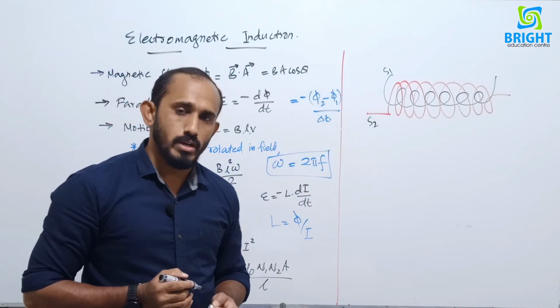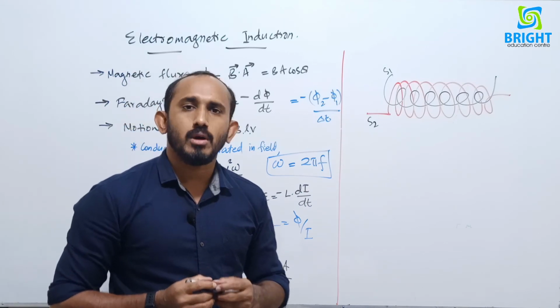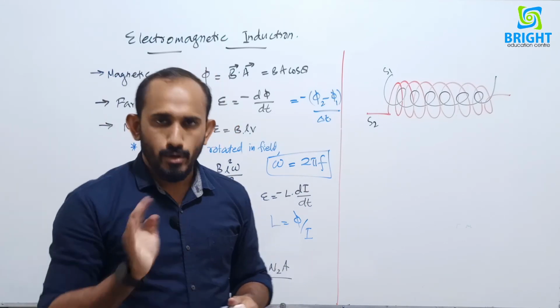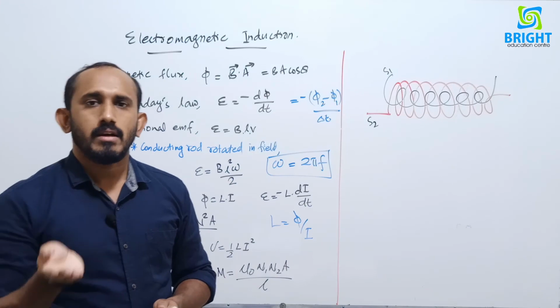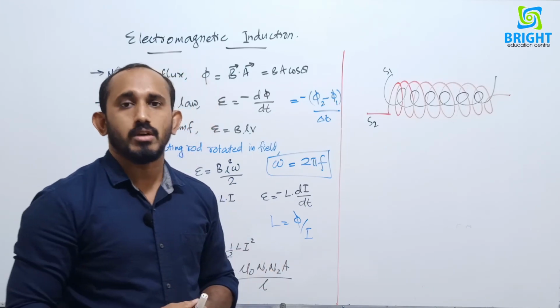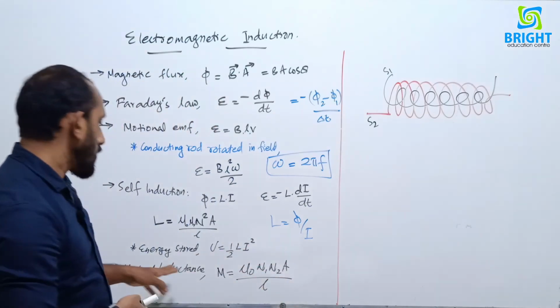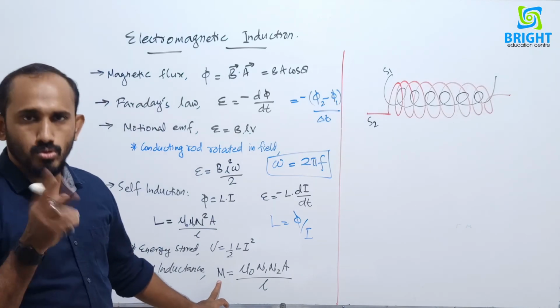This will be called mutual induction. So the inducing of EMF in one coil due to magnetic field produced by current passing through the nearby coil is called mutual induction.